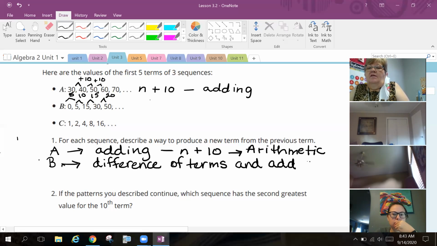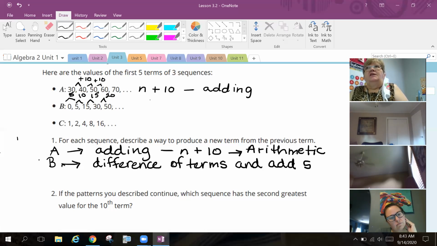No. It's not a sequence because is it a consistent number? No. You're not doing the same number over and over again. So letter B is not a sequence. It's not the same common ratio, same common growth factor every time.